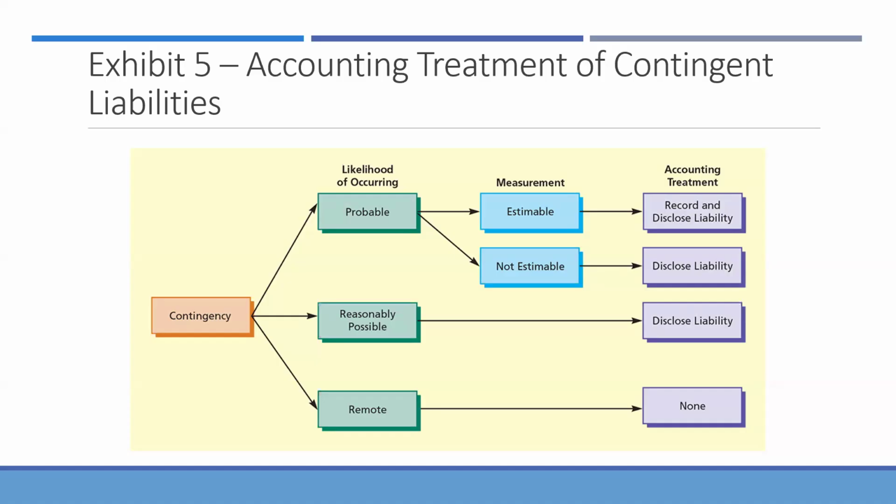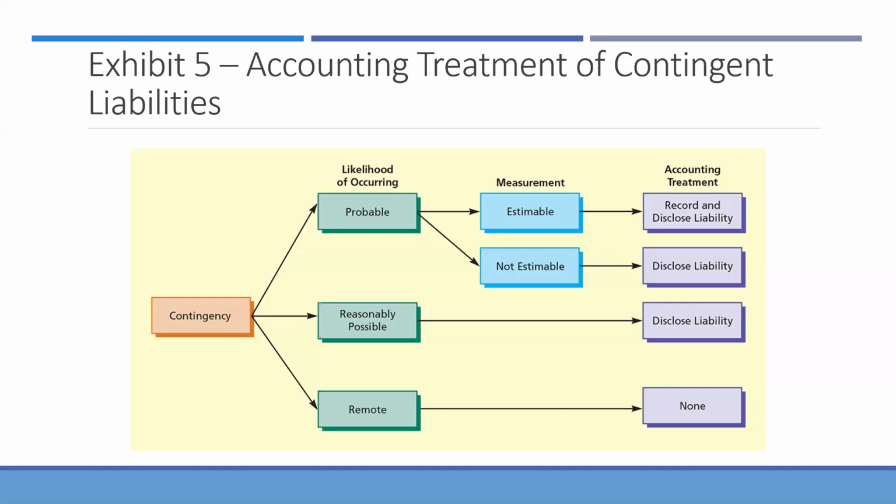The likelihood of occurring is determined as of when the financial statements are published. So let's say there's a lawsuit that exists as of December 31st, and it's in court. Then the financials get published late February.